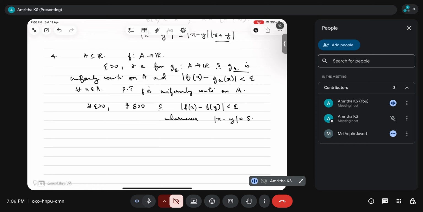You know that g epsilon is uniformly continuous on A, and this is also true. Now, how to get this?